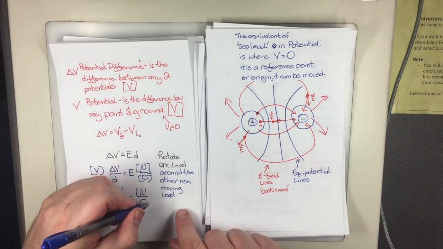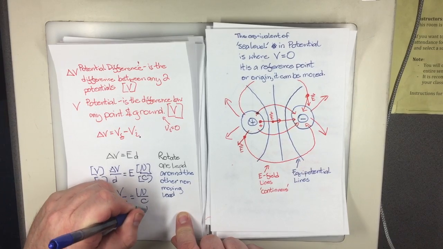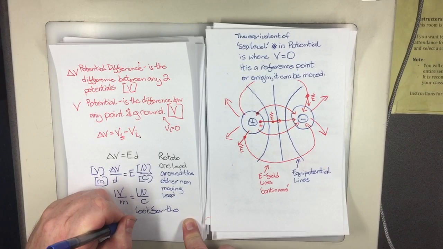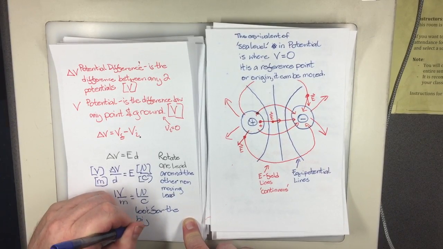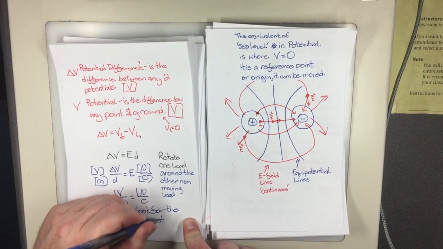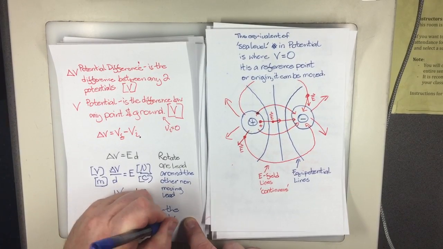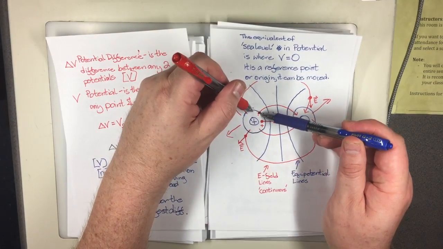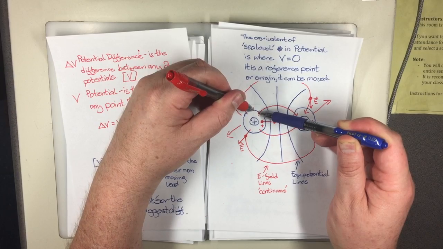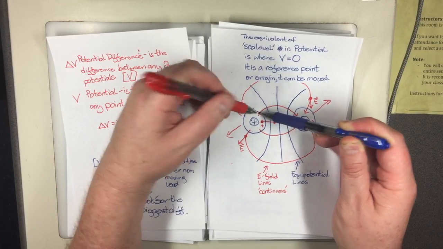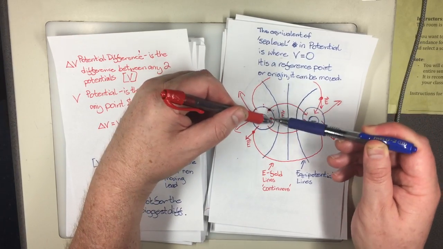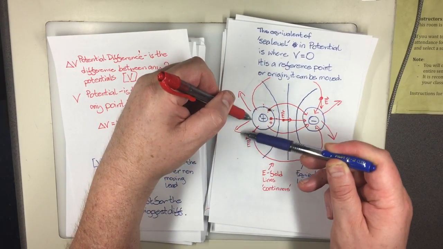And what you're looking for is the biggest difference. So if I did the pins like this, the potential difference between those 2 points is 0. The biggest difference would be something like measuring it like this, or like this, or like that.